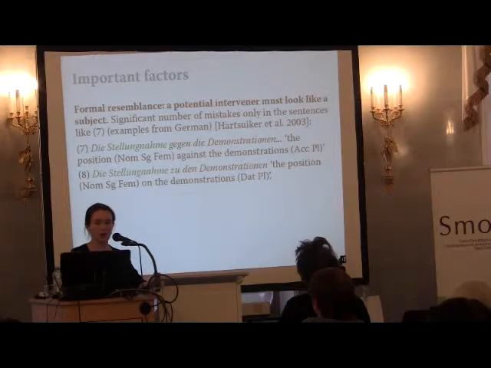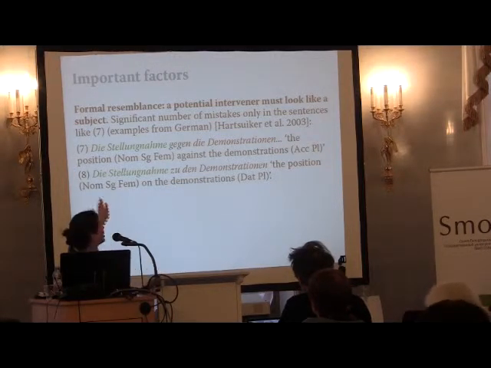And the third important thing that I am going to rely on is the formal resemblance factor. So in English you can't test for that, but once people started looking at other languages, and first of all at German, they noticed that if a potential intervener looks like a subject, the number of mistakes is significantly higher. So here there are two examples, 7 and 8.